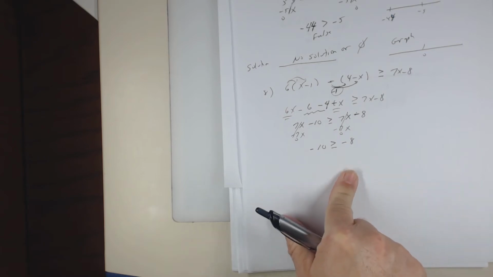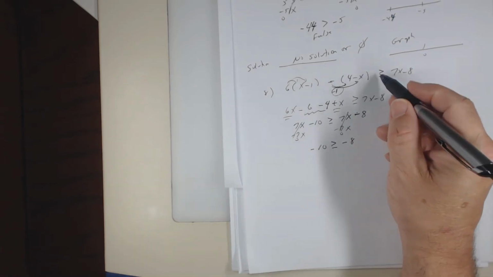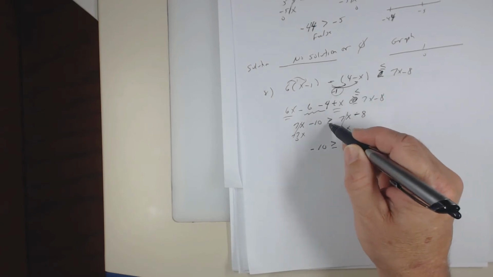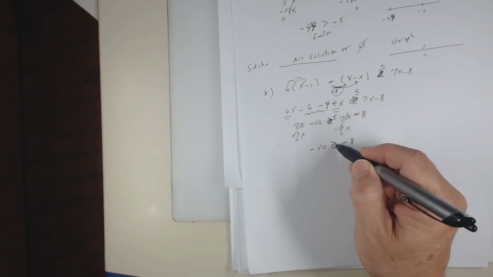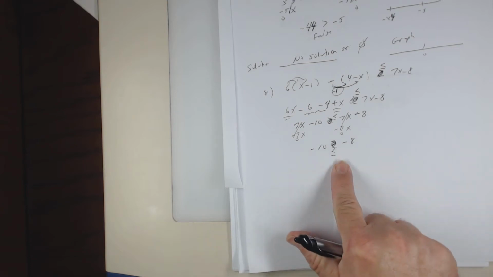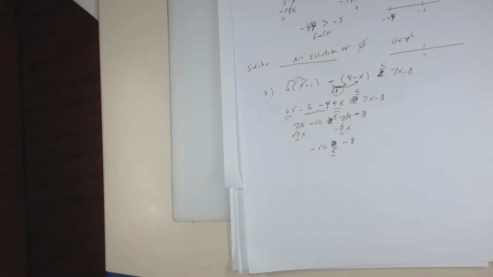No solution, because that's a false statement. So I want you to change it to less than or equal to. Just change it. It's just the 4 things you got to change. Now, is the statement true or false? Is negative 10 less than or equal to negative 8? True. That's a true statement.